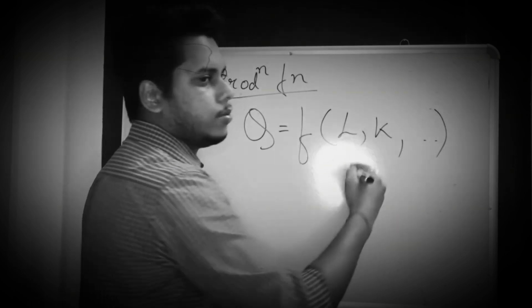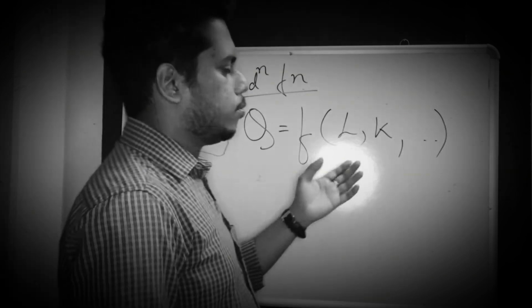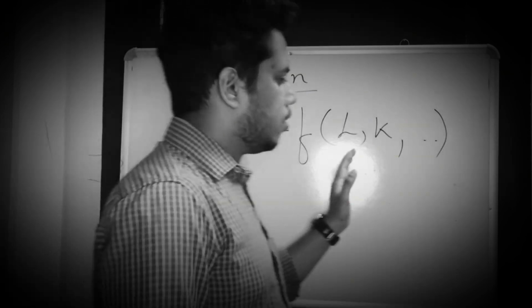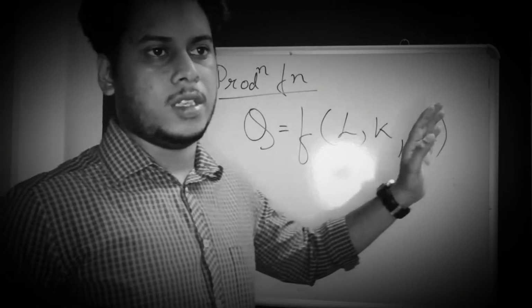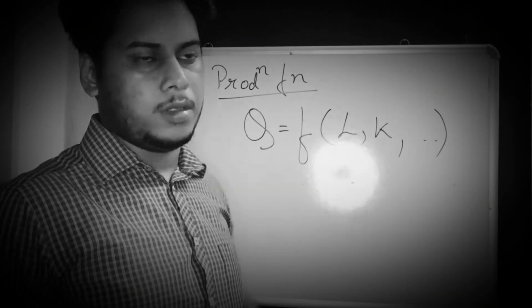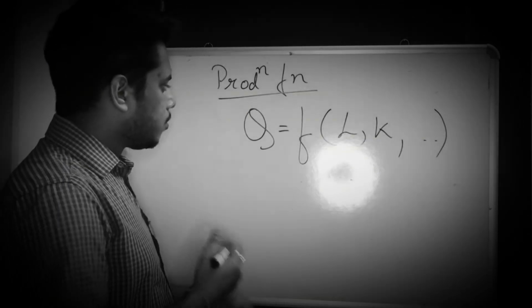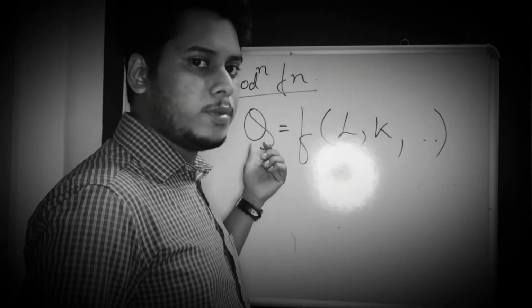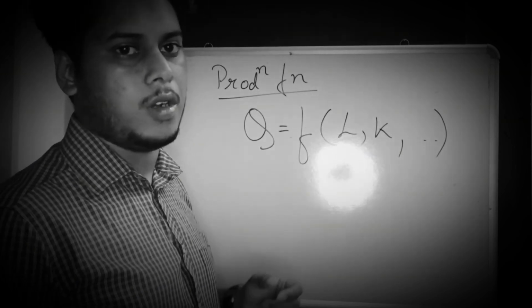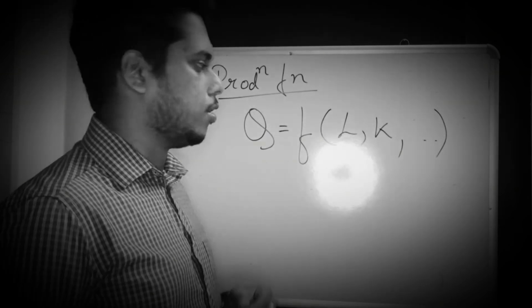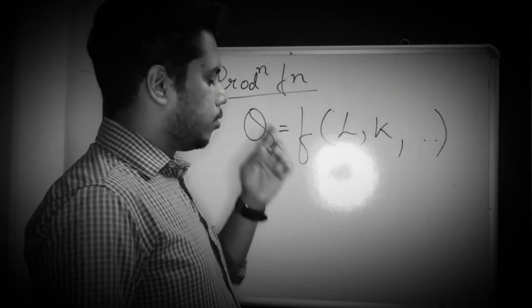Other variable inputs may be included, and the RHS side can be extended to include more variables. Okay, so there is a relationship between this output and these inputs, and this relationship is explained by the production function.